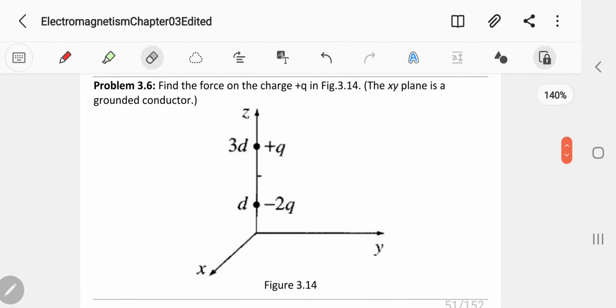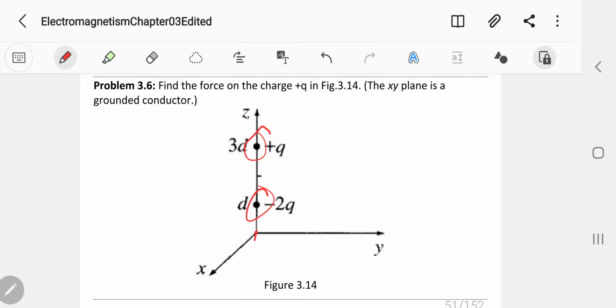But here's a problem. Find the force on the charge Q. In figure 3.14, the xy plane is a grounded conductor. So this one will induce a charge on the plane, and this one will also induce a charge on the plane. So you can find the force.